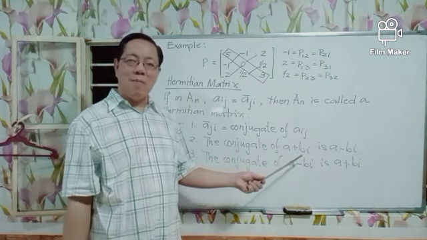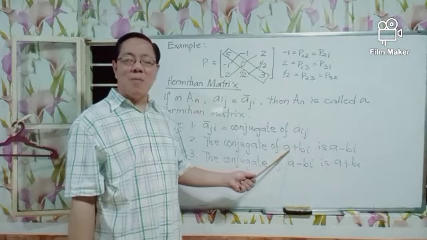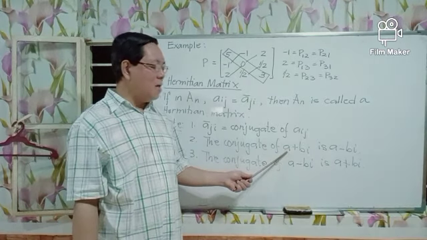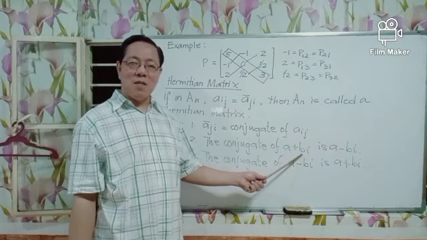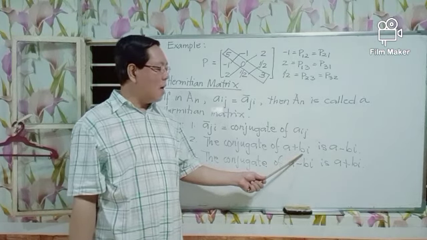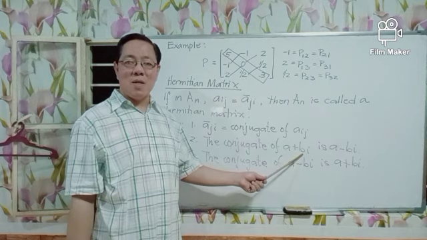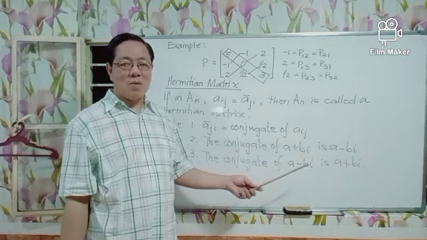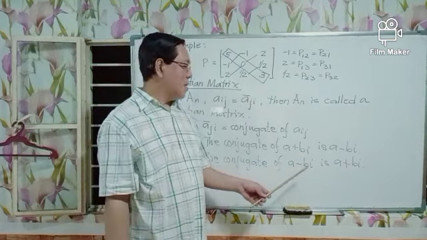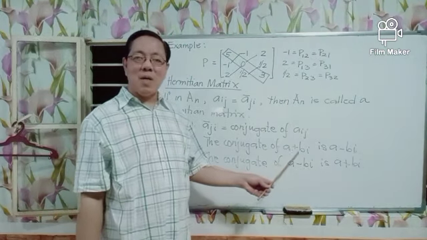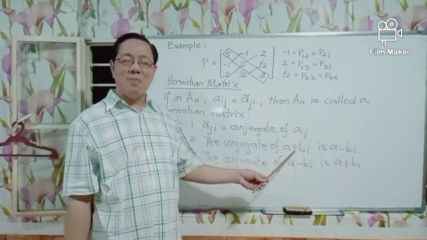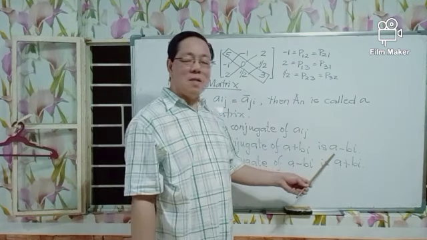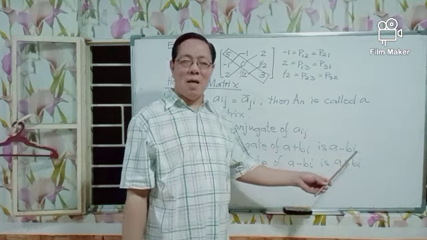In this complex number, a is the real part and bi is the imaginary part. So the conjugate of a plus bi is a minus bi.